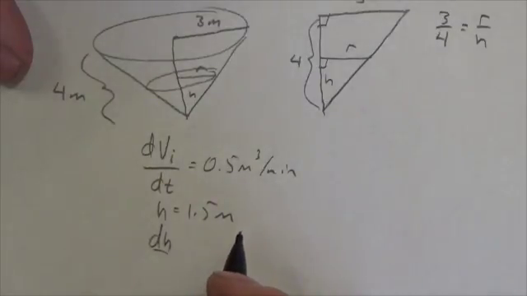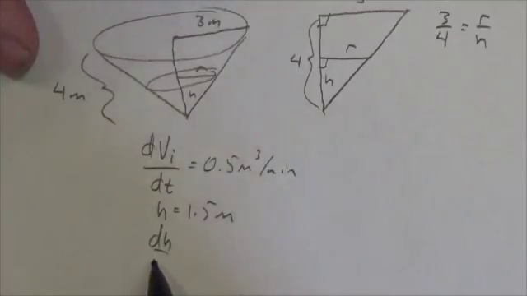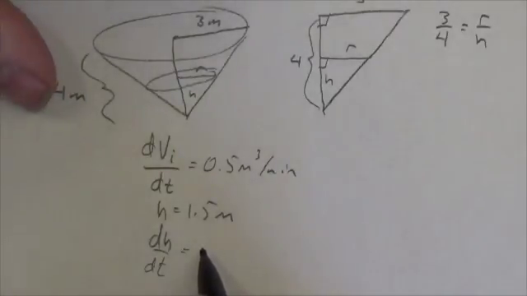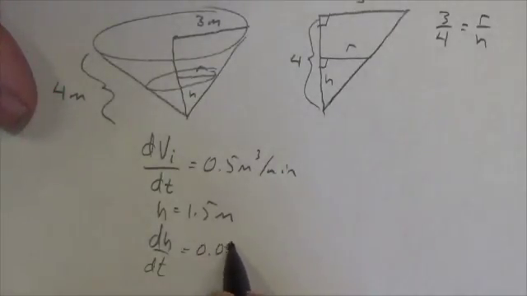Sorry, what does it say here? It says when the water is 1.5 meters deep and the depth of the water is increasing at 5 centimeters. Okay, so we know that the height is changing. Now I have to convert that 5 centimeters to meters, which is probably the easiest way to make this consistent.